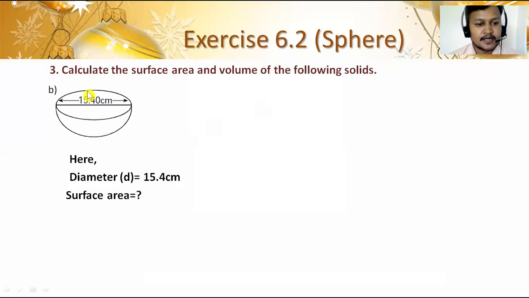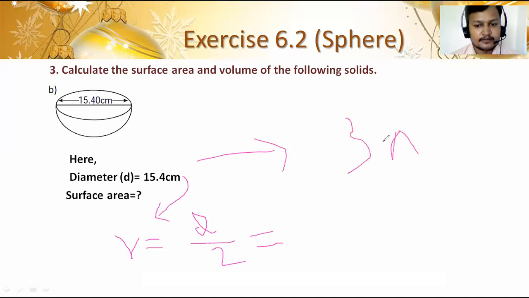You can use that formula also, but you have to convert this diameter into radius. You can convert the diameter into radius and use the same formula, if you don't want to remember two formulas. Find out the radius here by doing d by 2, and after finding it, you can use the formula 3 pi r square.